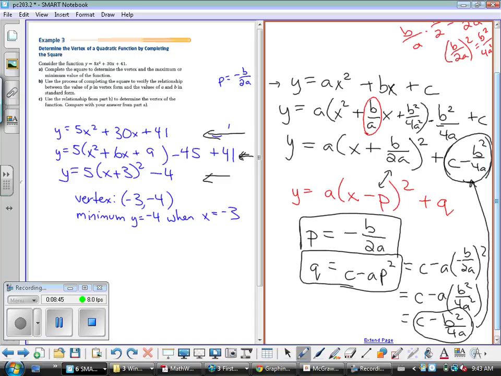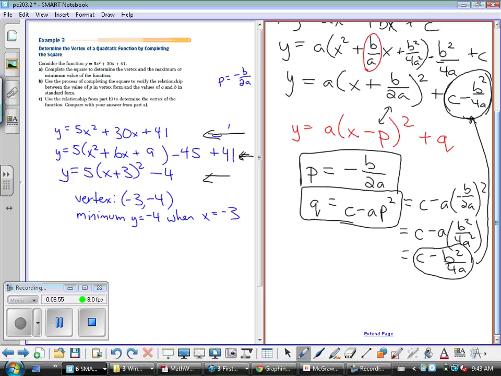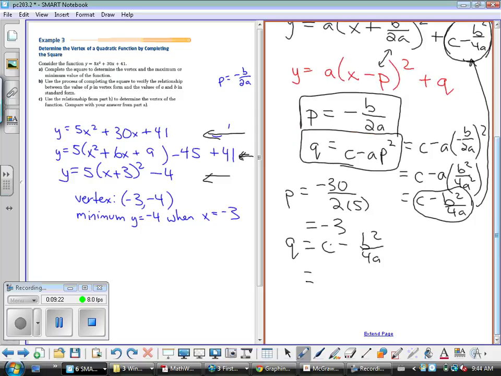Use your relationship from part B to determine the vertex of the function. Okay, so in part B, if we actually use these two relationships, we can find that based on our original standard form equation, p equals negative b over 2a, or negative 30 over 2 times 5, which is negative 3, okay, and q equals c minus a, well, let's use what we actually have up here, in our rearranged equation, c minus b squared over 4a, so 41 minus 30 squared over 4 times 5.